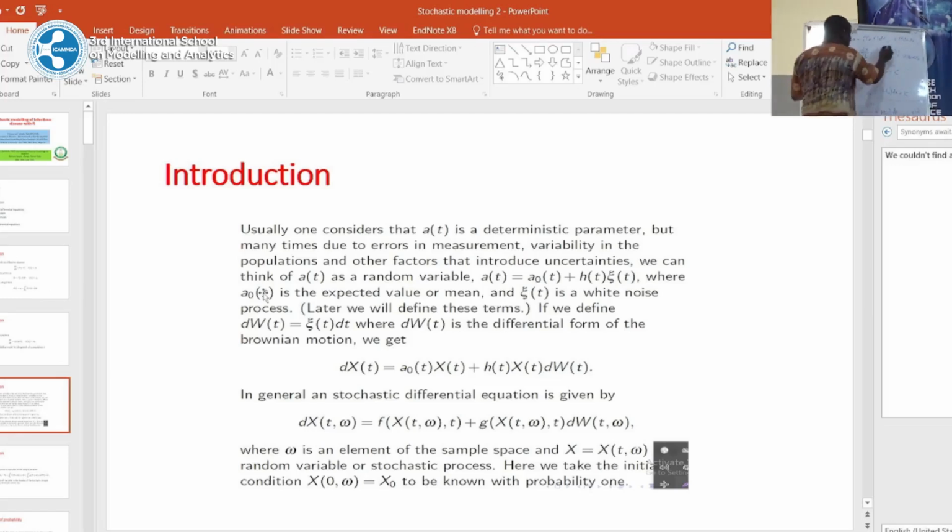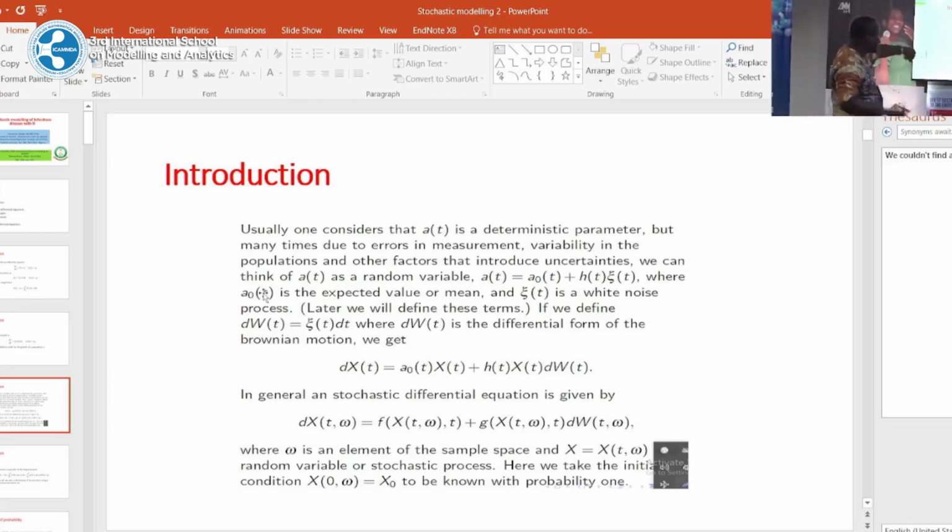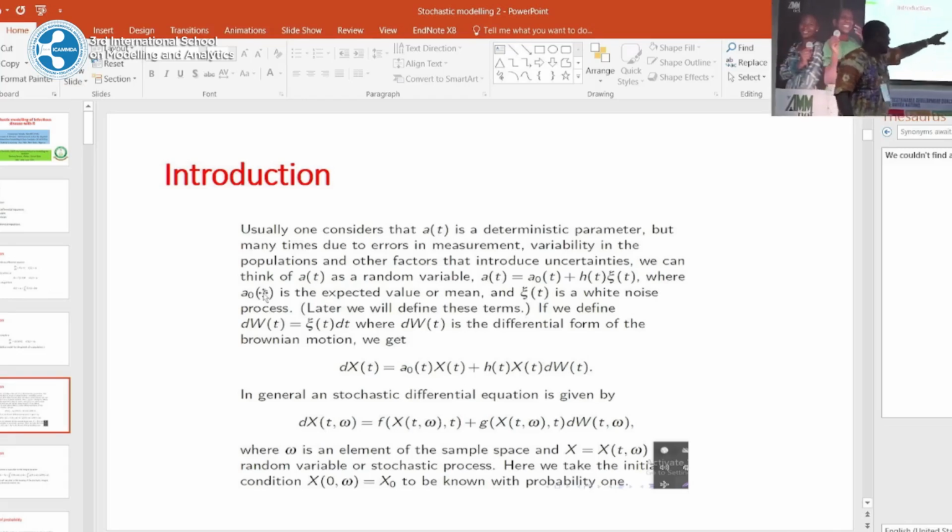Most times I call a of t the intrinsic growth rate, the difference between the birth and the death. Most times we say it's deterministic, it's fixed. But in reality, it always follows a random variable. There are a lot of uncertainties around it, so we can think of a of t as a random variable.